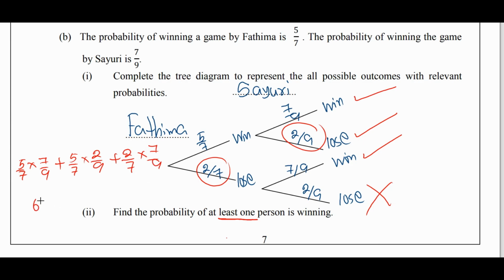Simplifying this one, you will get 35 out of 63, and this one also 63, this will be 10, and this one also 63, this one will be 14. Adding those values, you will get 59 out of 63.